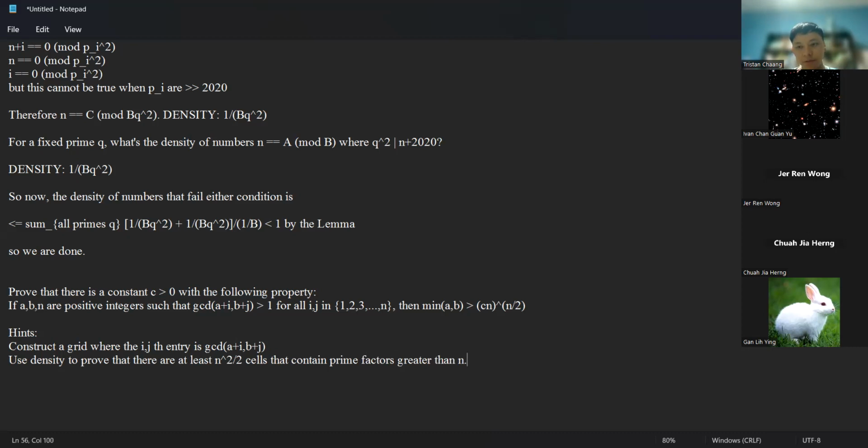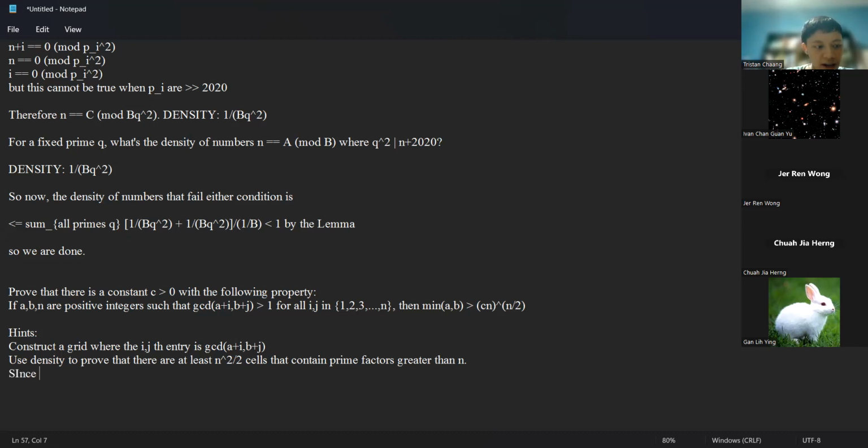Okay, this has something to do with the sum of 1 over prime squared again. So use density to prove that this holds. Basically, you want to look at the primes that are less than n, and you prohibit as many as possible. Apparently, you cannot prohibit all of them. You can only prohibit at most half. So the remaining at least half contains large primes. So that means n squared over 2 cells have large primes.